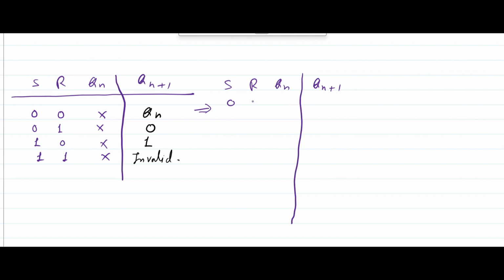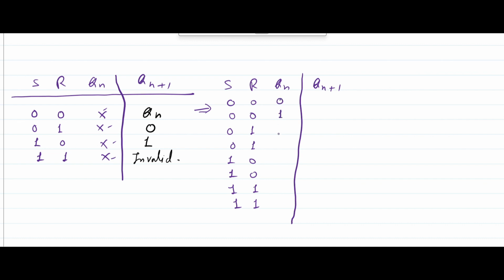So see, 0 0 0 0 0 1 0 1 1 0 1 0 1 1 1 1, and for all these don't care conditions I will have 0 and 1, because Qn can be either 0 or 1, so I don't care.